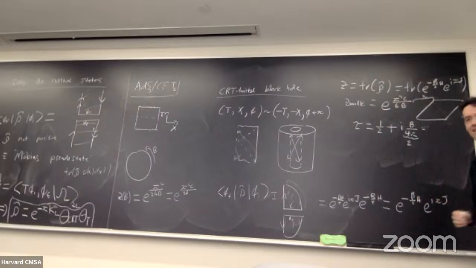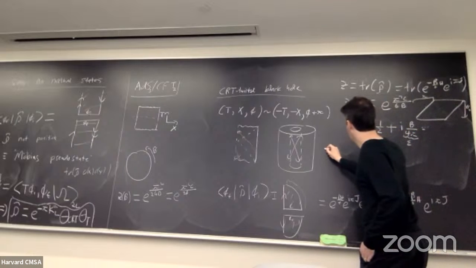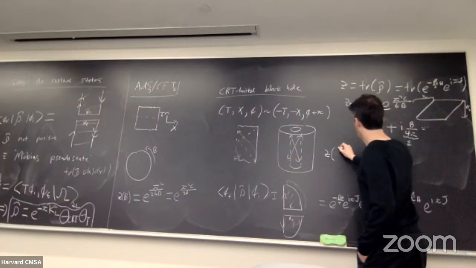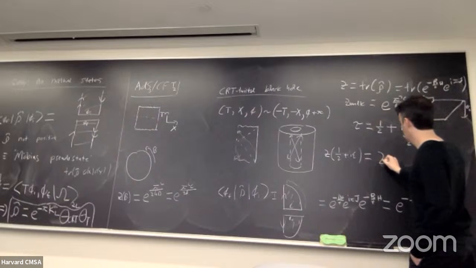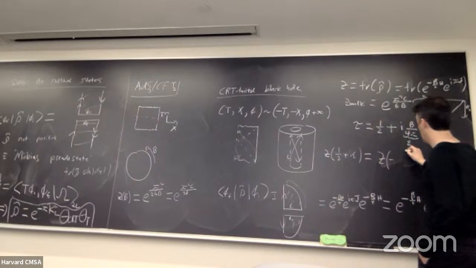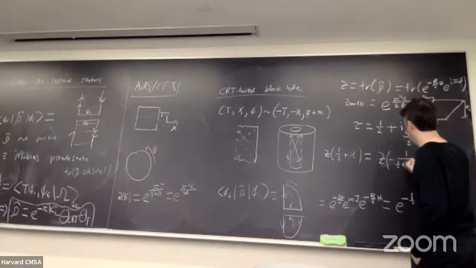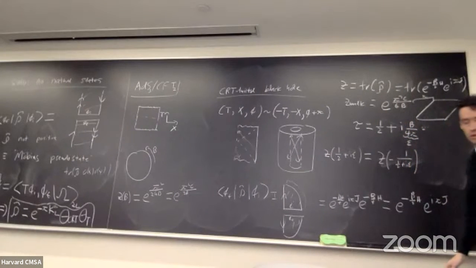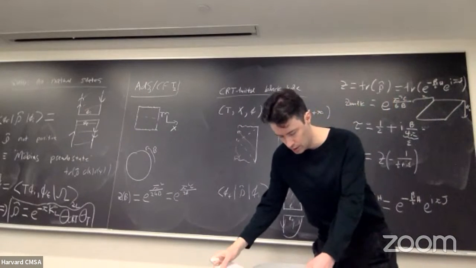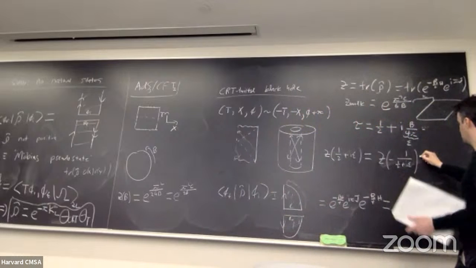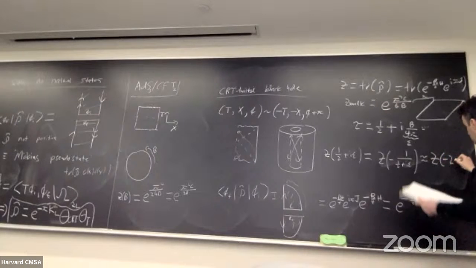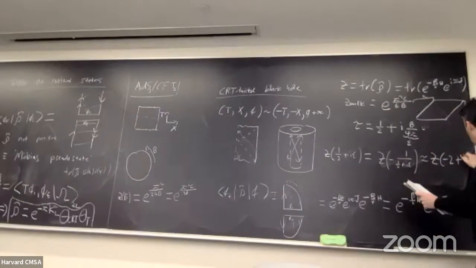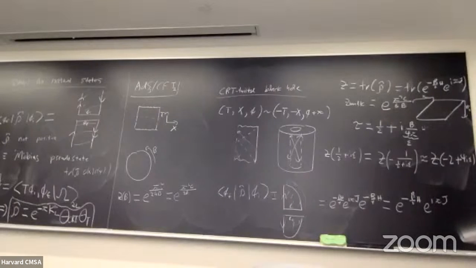Now, this CFT partition function is something that I can compute in any CFT by using modular transformations. So let's see how it works. I want to compute z of 1/2 plus i epsilon. I can first do an S transformation to turn this into z of minus 1 over 1/2 plus i epsilon. Then I can Taylor expand, since epsilon is small, to write this as z of -2 plus 4 i epsilon.